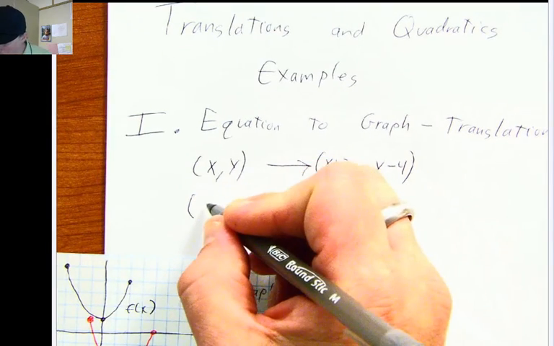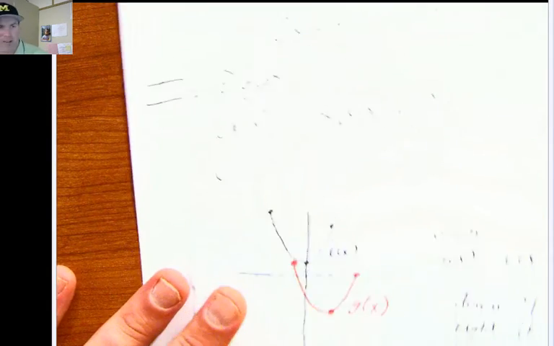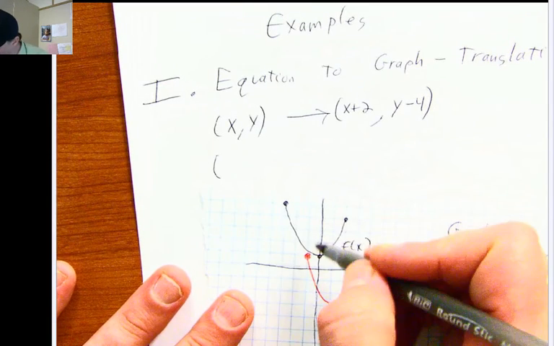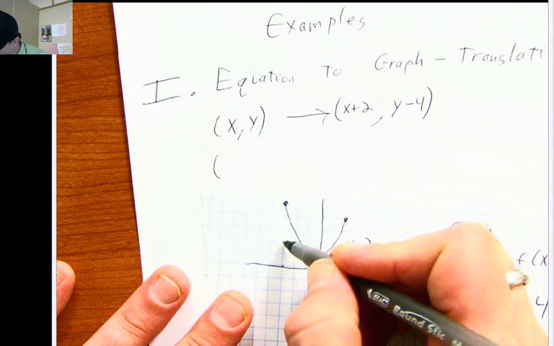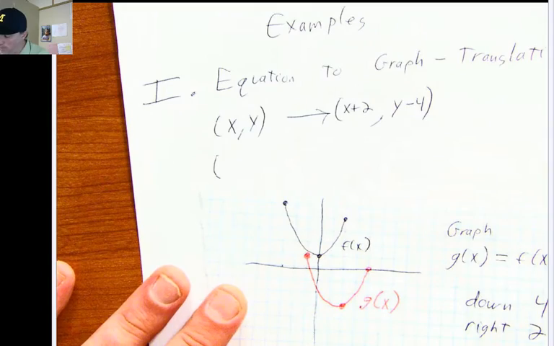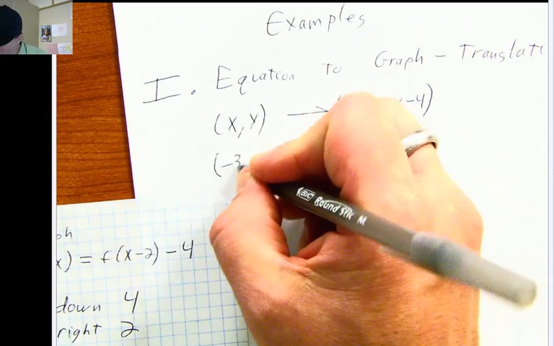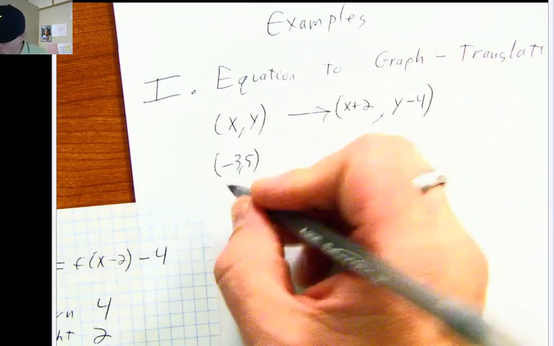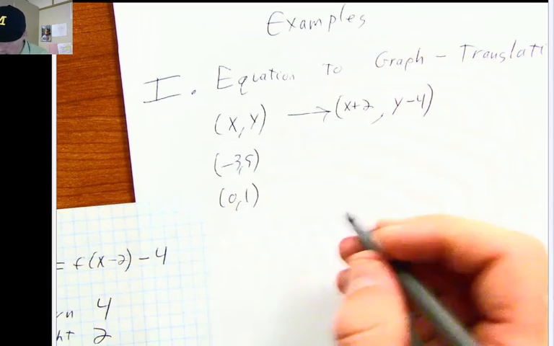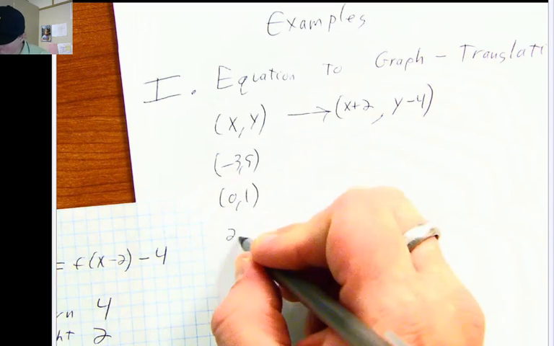Going back to my f of x graph, I had the coordinate -3, 5, the coordinate 0, 1, and the coordinate 2, 4.